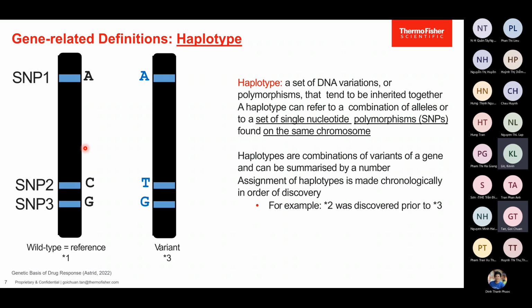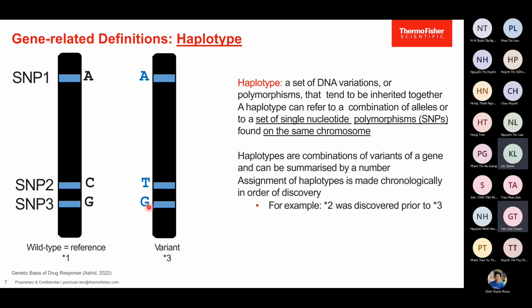In the recent 10, 20, 30 years, we have done a lot of sequencing, right? So star 1 is the reference, like for example ACG. This is one pattern, the very original pattern. Then we do a lot of sequencing, and we find that there is this pattern ATG. Then I give it star 2, for example.